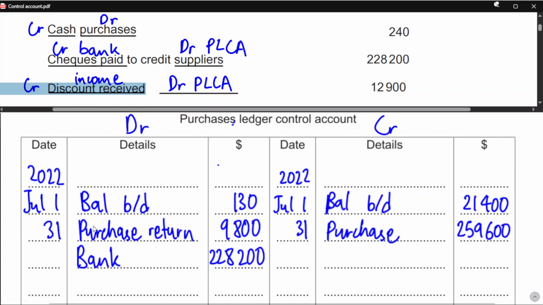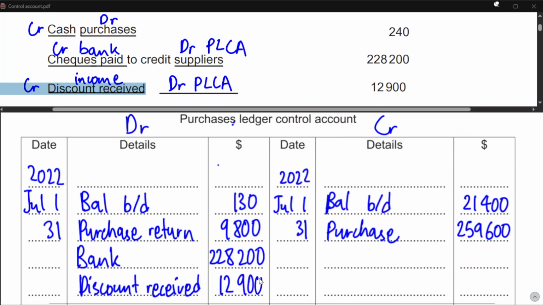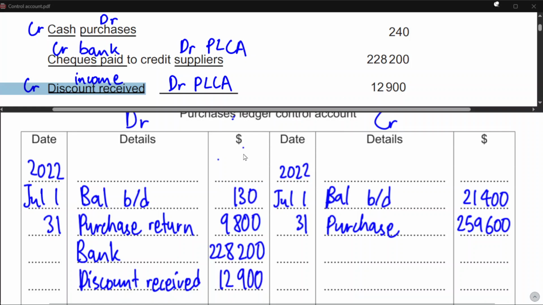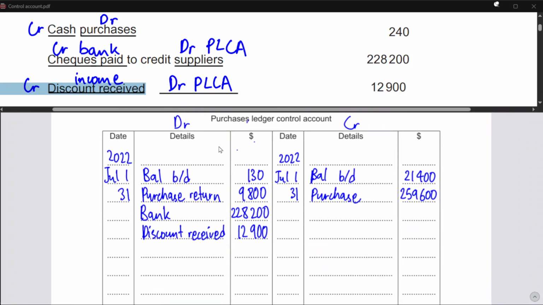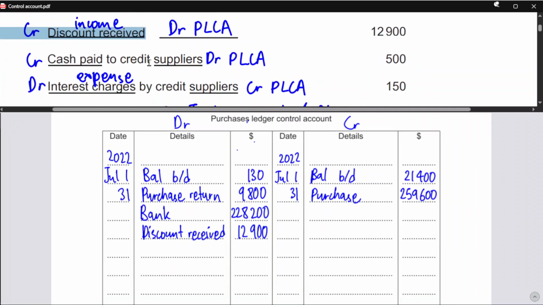PLCA debit discount received. Okay. Let me now go to next line.